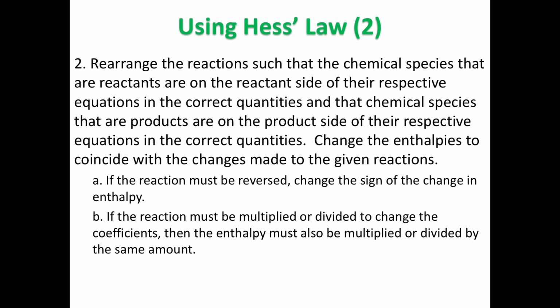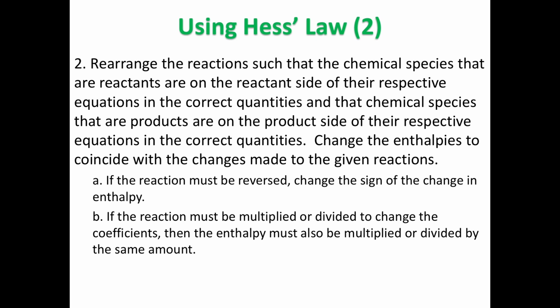Rearrange the reactions such that the chemical species that are reactants are on the reactant side of their respective equations in the correct quantities, and the chemical species that are products are on the product side of their respective equations in the correct quantities. Change the enthalpies to coincide with the changes made to the given reaction.